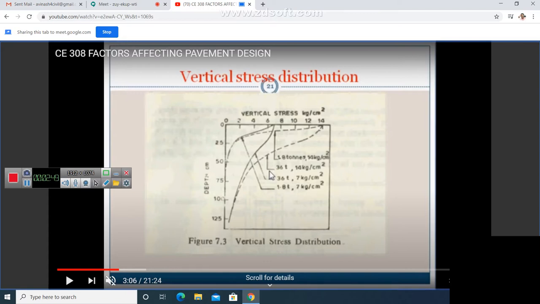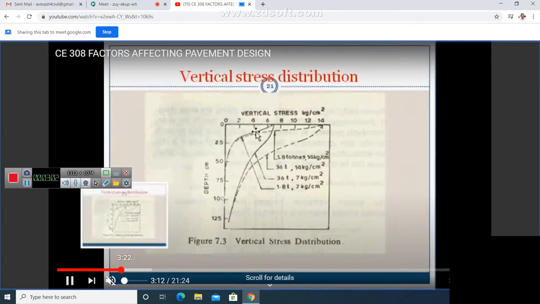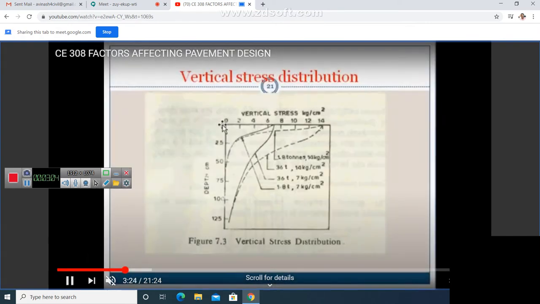Similarly, from all these curves, you will be able to get the depth of pavement required corresponding to one particular vertical stress level. So that is the significance of this vertical stress distribution curve. Now continue.